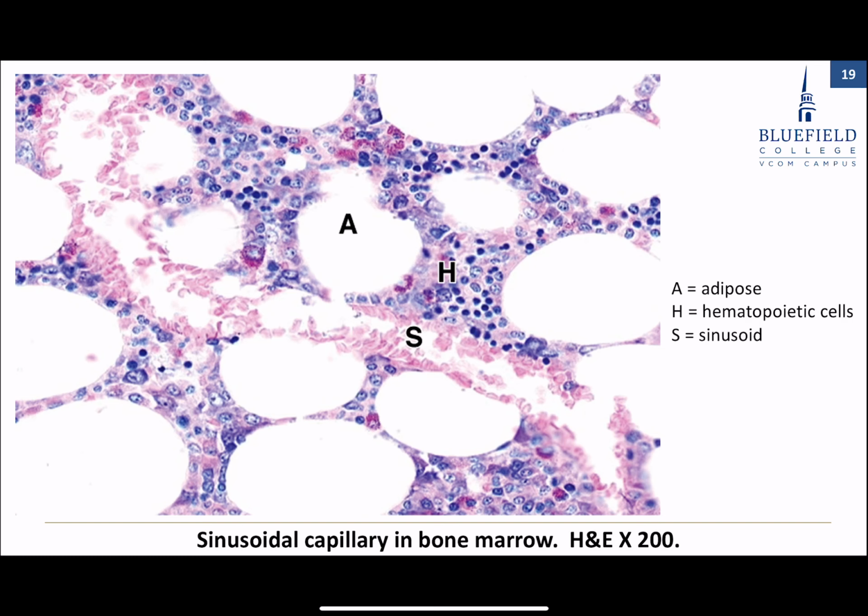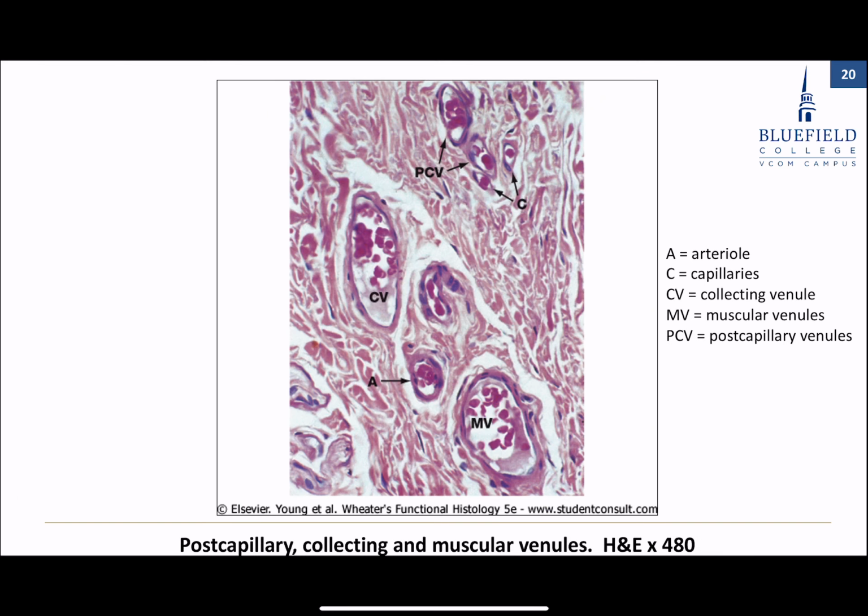Okay, now capillaries are going to drain into venules, and this is a nice slide because it goes from the smallest venules to the larger venules, all within one image right here. The smallest venules are the post-capillary venules, up at the top, labeled PCV.